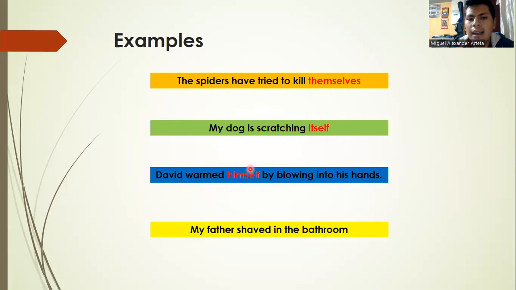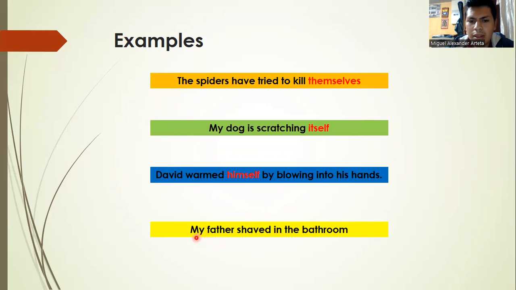In this case, we highlight also the reflexive pronoun, but the principal subject or the principal actor is David. David is the performer and also the receiver of the same action, okay, at the same time.